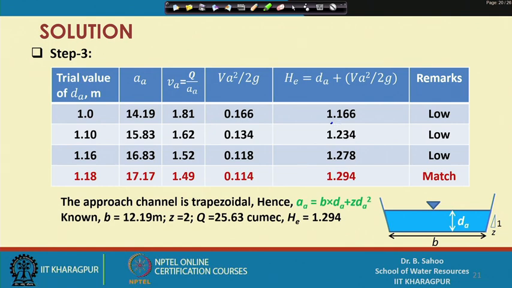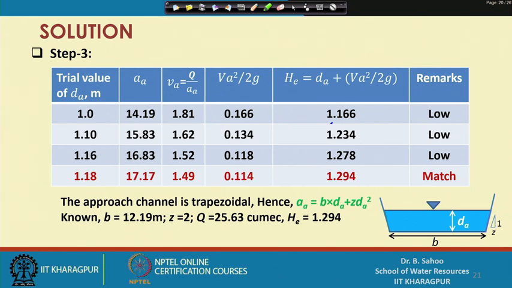So, by this many trials, in this case we have obtained, if you put dA equal to 1.18, we are getting the value of He equal to 1.294 and that is matching with the trial value I have computed in step 1.